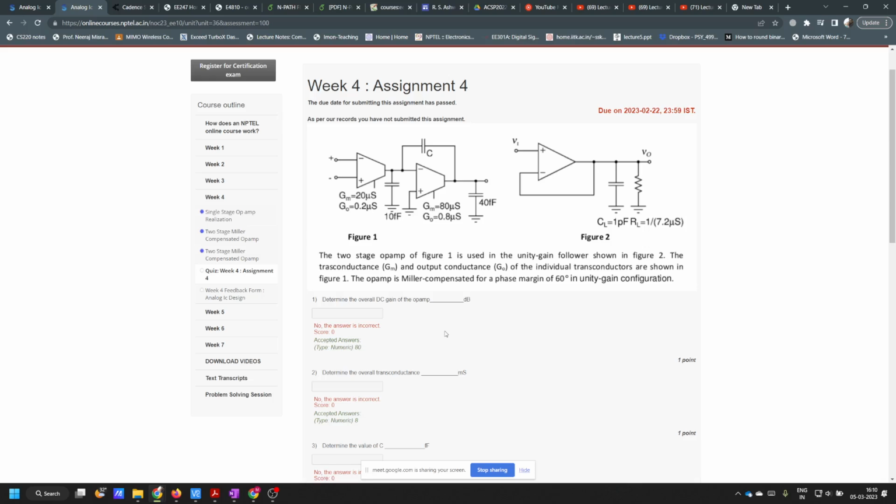One of my questions, sir, is for this CL, what we should put: should it be this 40 femtofarad only, or the 40 femtofarad and this 1 picofarad in parallel, like 1040 femtofarad?